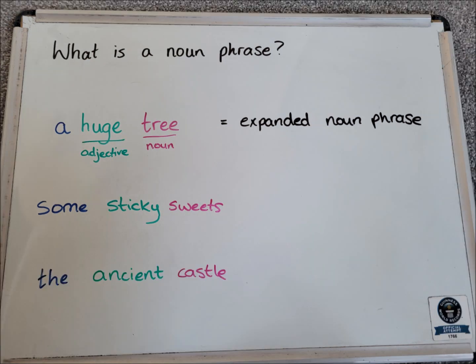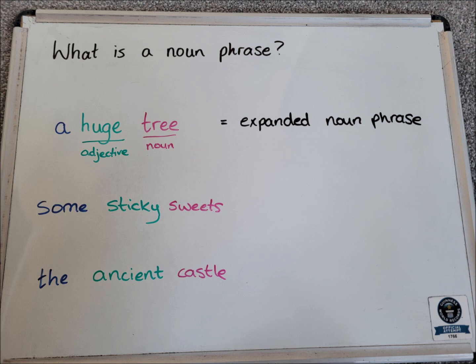And the last one there, the ancient castle, again, just adding in that adjective to make it a little bit more exciting. Okay, so at primary 6-7 level, that is what we should be thinking about, those noun phrases, just to up level our writing a little bit.